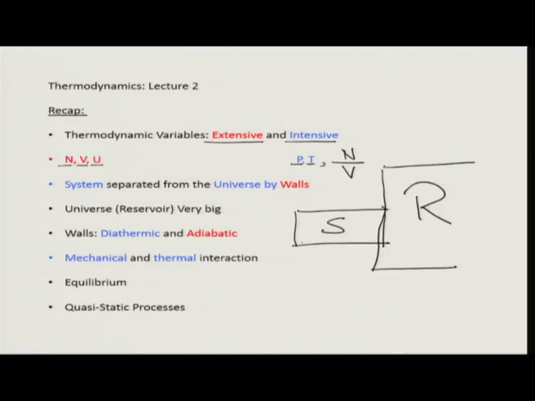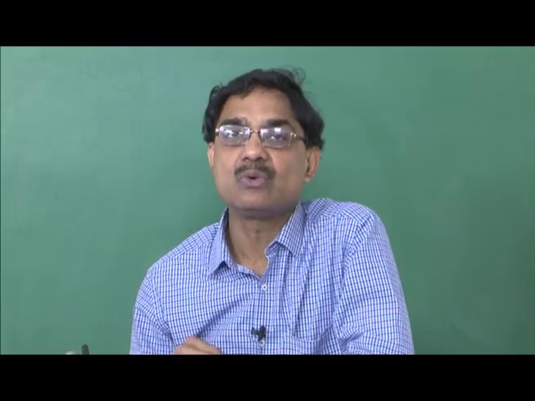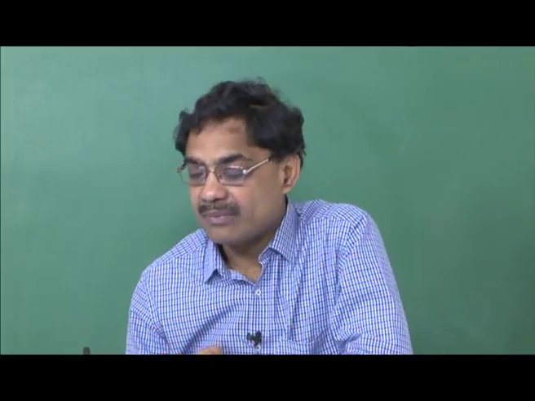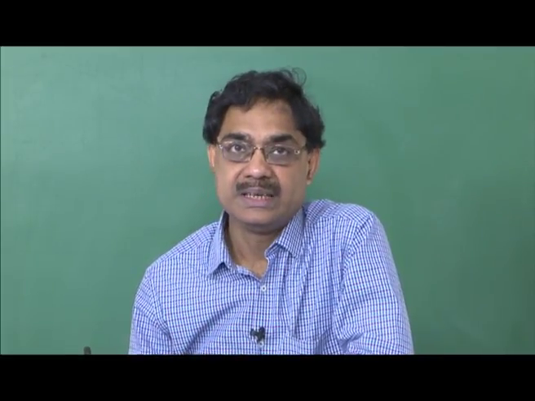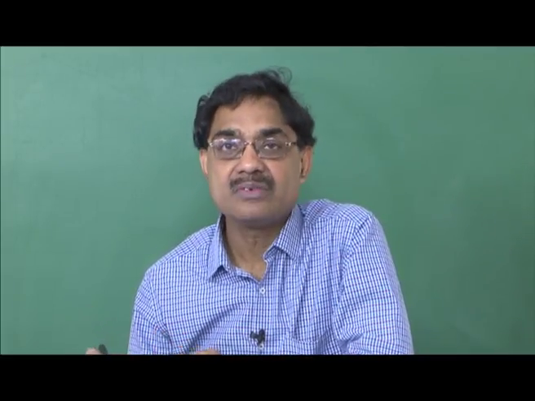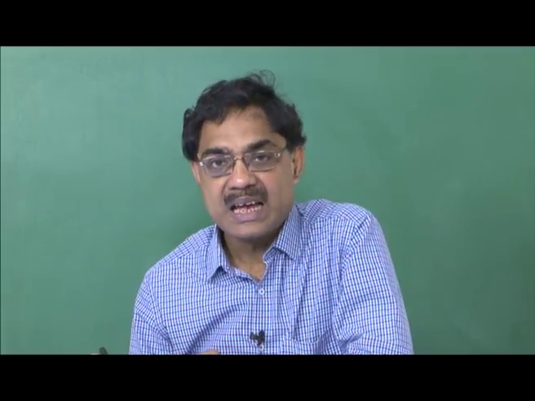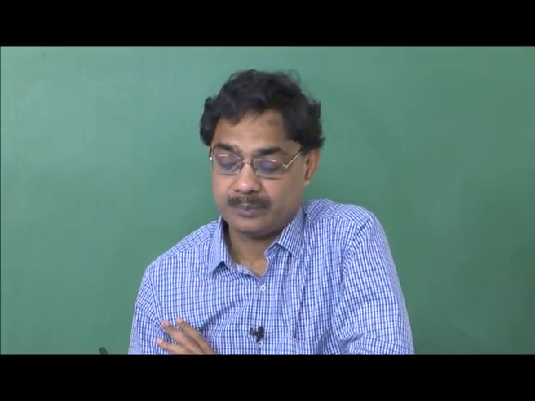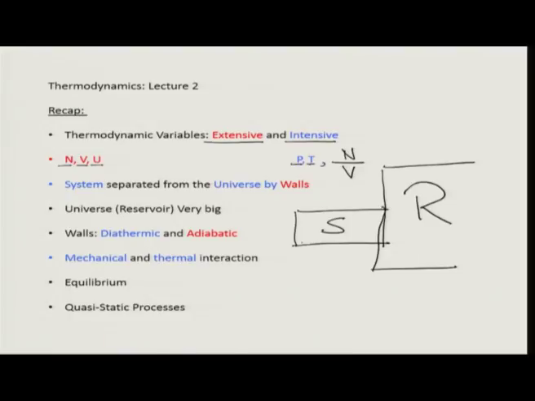For example, an adiabatic wall which does not allow any heat exchange, or a diathermic wall where I can have heat exchange. In general, I can have both heat exchange and mechanical interaction. So, system, universe, and the system is separated from the universe by a wall.